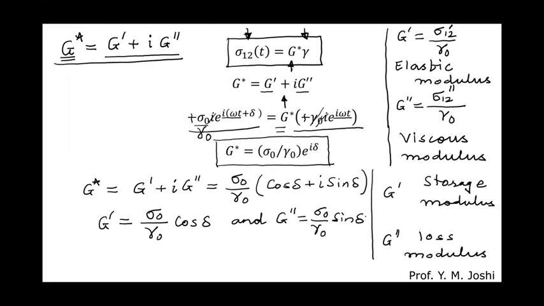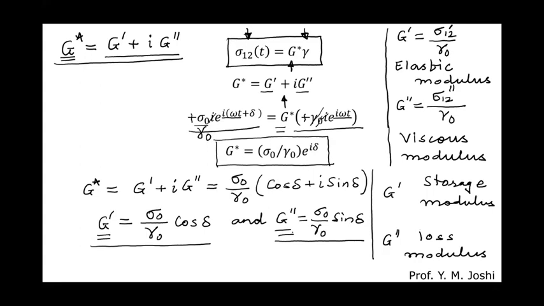And you can see that through this very simple complex analysis also, we get identical expressions for G prime and G double prime. All right. Now, a significant part of this particular course, we shall be discussing the physical meaning of G prime and G double prime, and how to understand material response on one hand and material microstructure on the other hand by analyzing G prime and G double prime and their dependence on frequency.